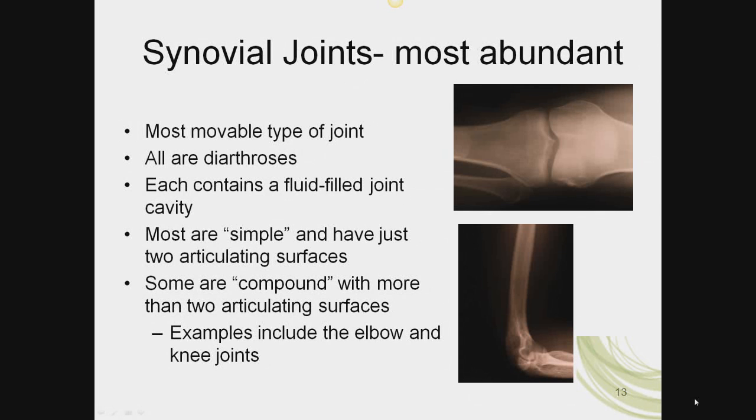Functionally, all synovial joints are classified as diarthroses because all are freely mobile. Often the terms diarthrosis and synovial joint are equated, and most of the synovial joints are considered to be simple, which means they just have two articulating bones.